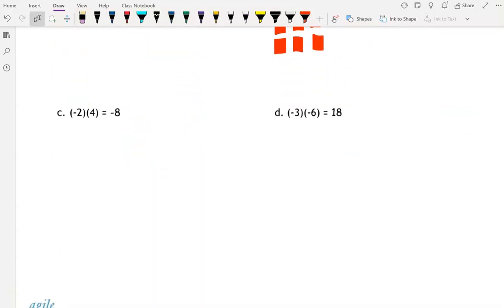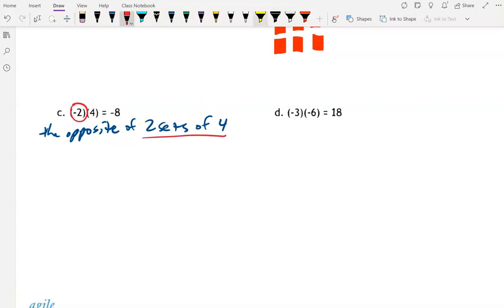Moving on. Now remember from yesterday or the last lesson what this means. When we have that -2 at the beginning, we have to say that this is the opposite of 2 sets of 4. So we're going to start off with 2 sets of 4.